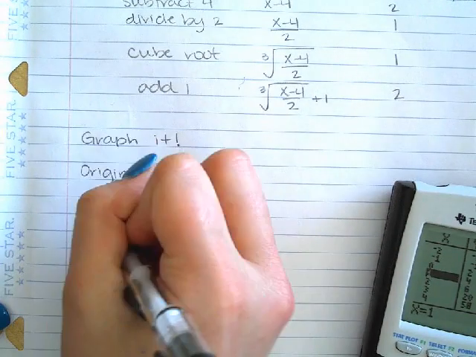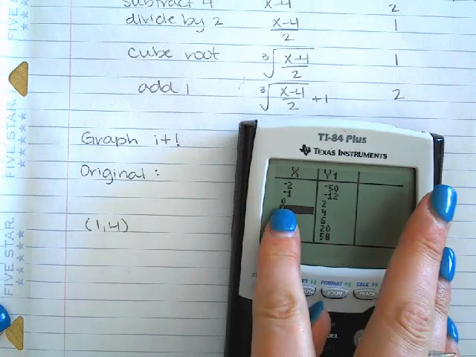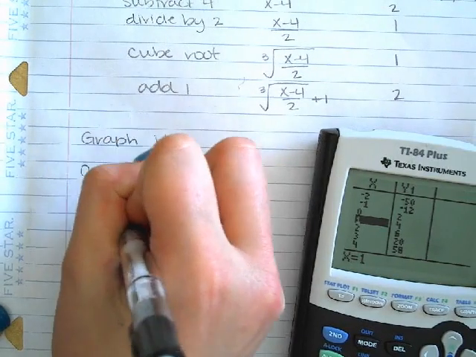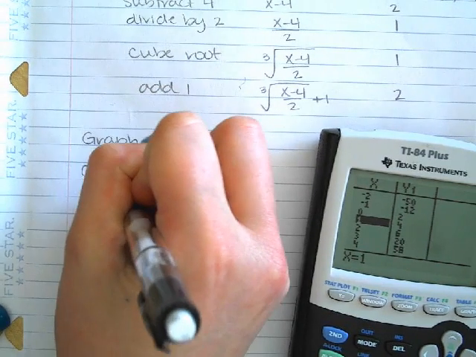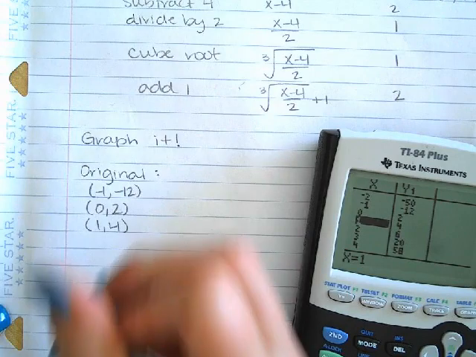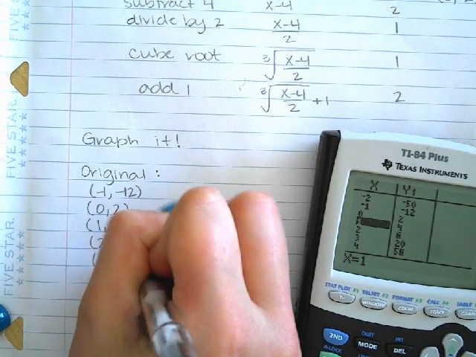Okay, so for the original problem, I have the point (1, 4), and then I've got (0, 2), (-1, -12), and then I have (2, 6), and (3, 20). So that's the original.